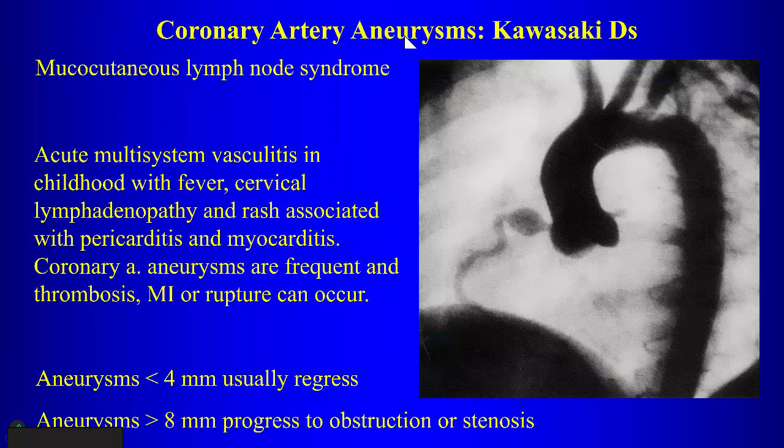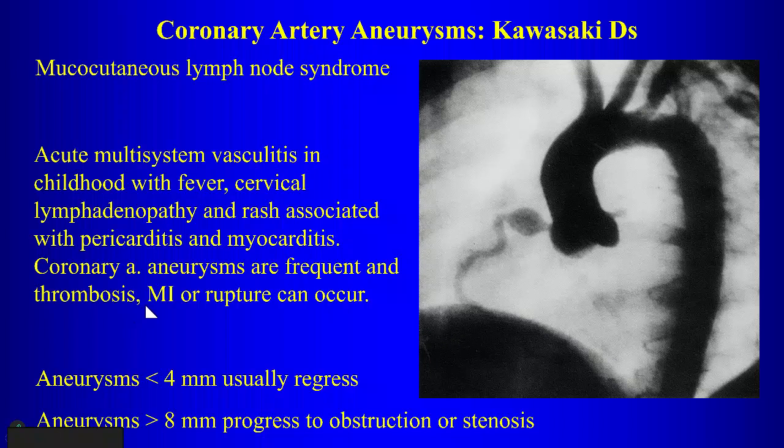So if we see coronary artery aneurysms in young people, there's another nice example there, the right coronary artery, Kawasaki's disease. This can present usually in younger patients, especially children, with fever, lymphadenopathy, rash, coronary artery aneurysms.